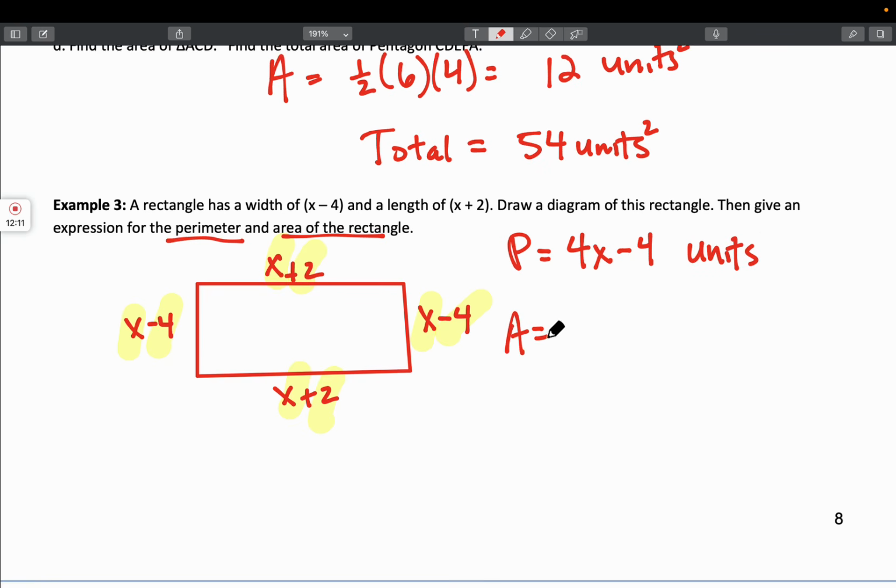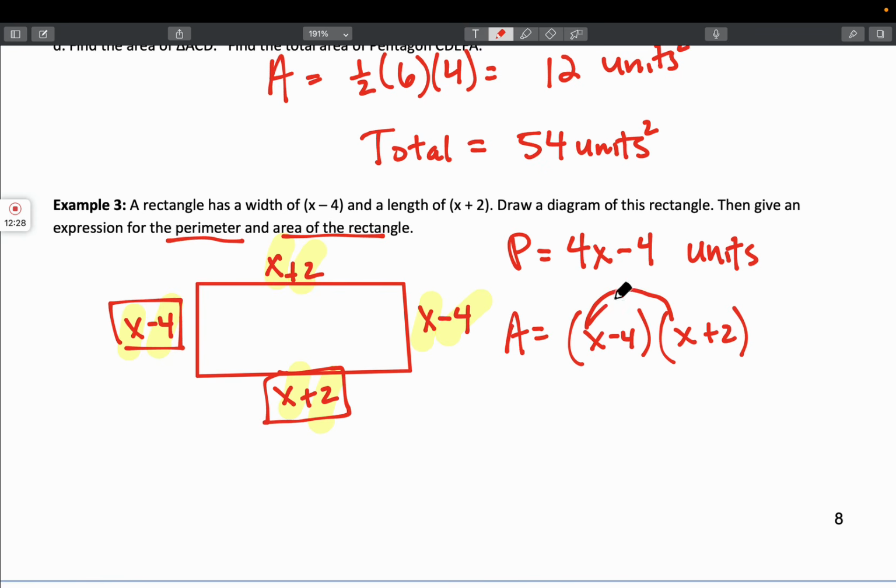And then next, we got to find the area. Well, area, remember, is found by taking our dimensions and multiplying them to each other. So I'm going to have x minus 4, the length, times x plus 2, which is the width. Now we need to simplify this by doing our distributive property.